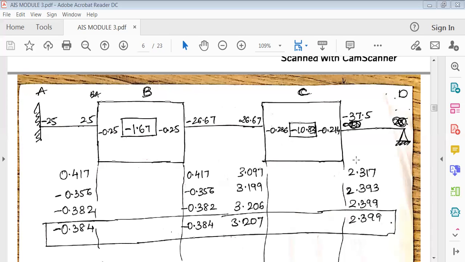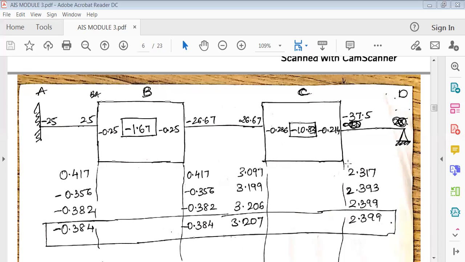Similarly, in this portion it is minus 10.83. Again the far end moment with respect to C is B, this portion. So it is 0.417 times minus 0.214. The answer should be written in this portion.